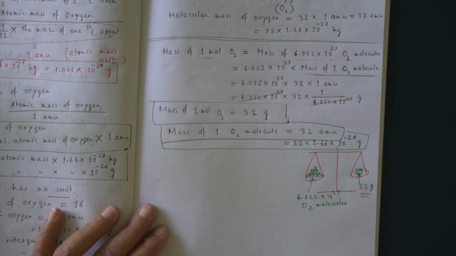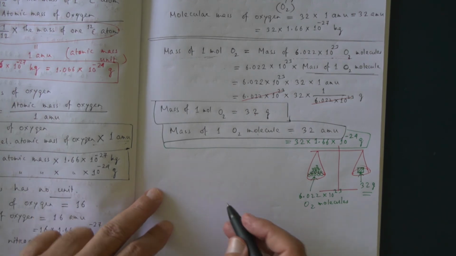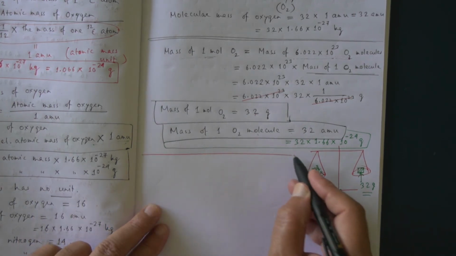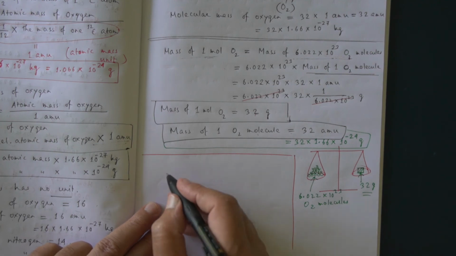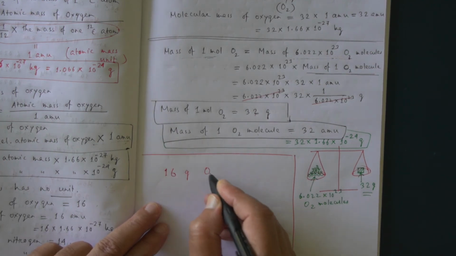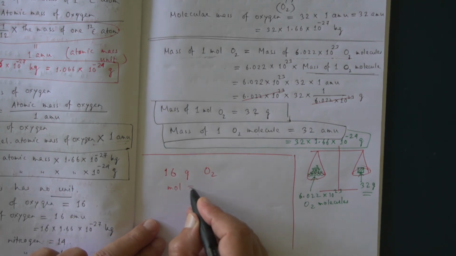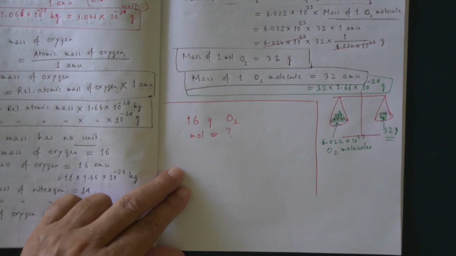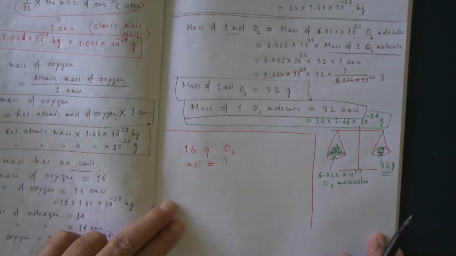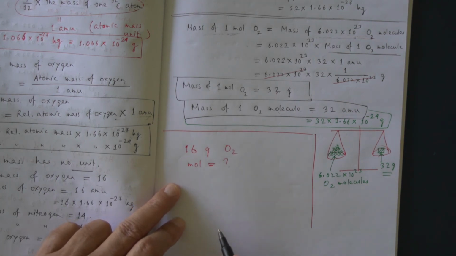So now you see, say we are taking 16 gram O2. How many mole will be there?